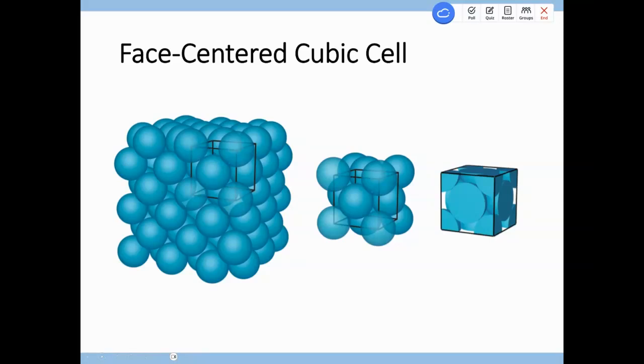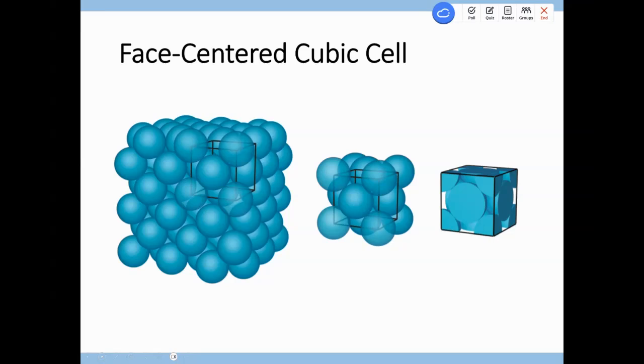Okay, so we've got 1/8 of an atom at each corner. Then at each face, we have half of an atom. There are 8 corners, so 1/8 times 8 corners is 1. That's what we have for the primitive cubic cell. Then we have 6 faces, but half of an atom at each face.